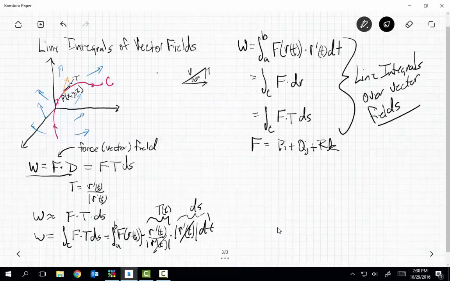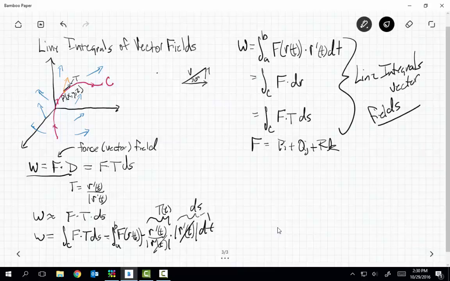Okay, that's what they are. So you're going to be asked to find work done using line integrals of vector fields, so don't panic. They are one and the same, okay?